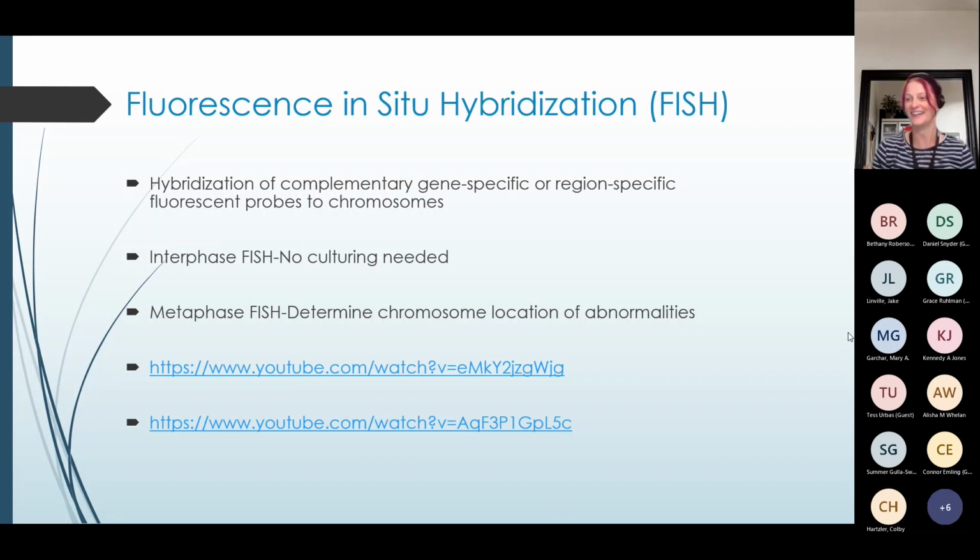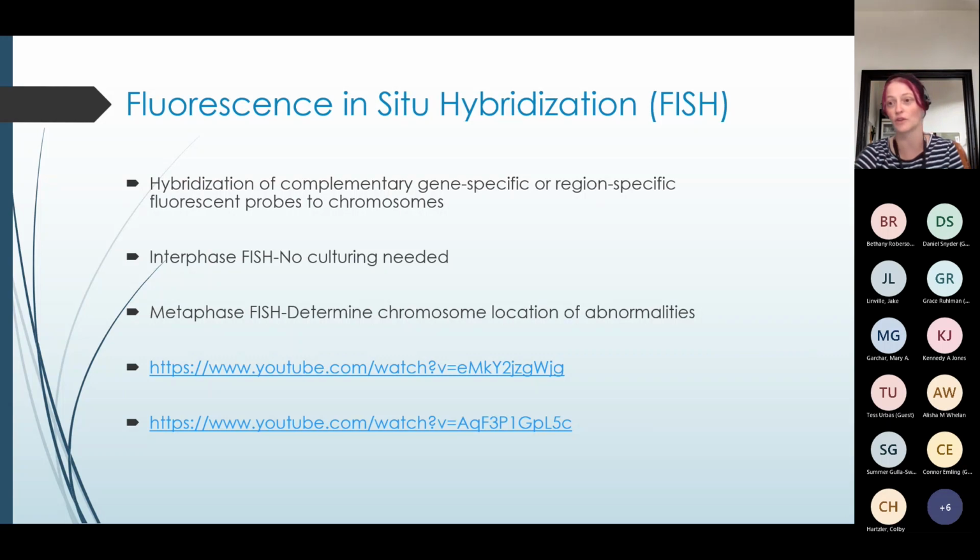Okay, we can use FISH, which is fluorescent in situ hybridization. And you hybridize, right? We talked about hybridizing in PCR where you hybridize those probes and primers. They have probes as well in FISH. So you hybridize complementary gene-specific or region-specific fluorescent probes to chromosomes.